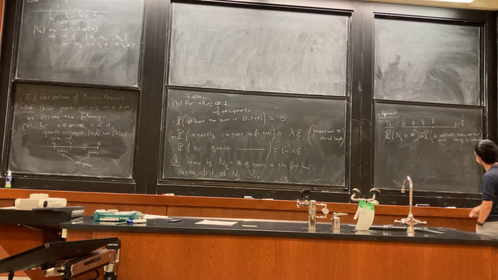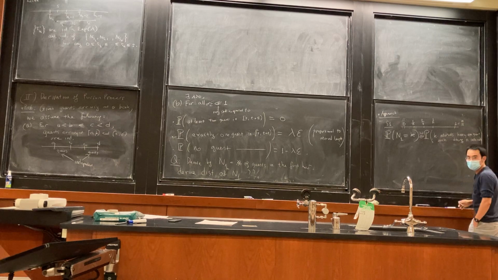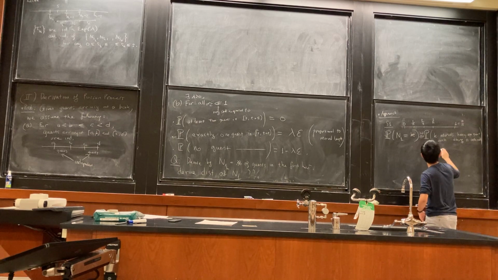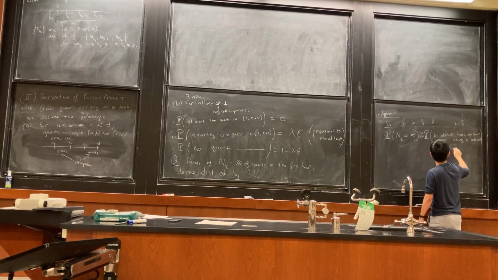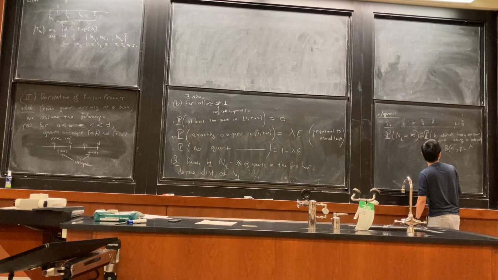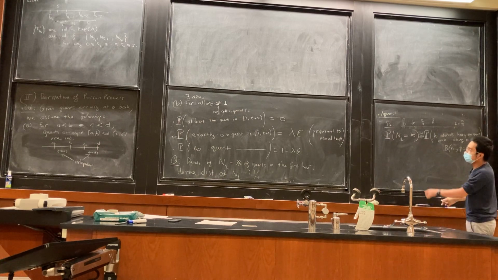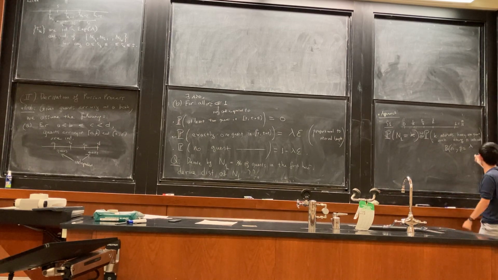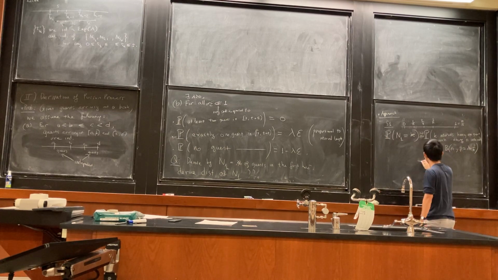And as you can see, this is just a binomial distribution. So this is binomial with parameter n, and p is simply lambda times epsilon, which is lambda times 1/n. And that is recorded by the binomial distribution.